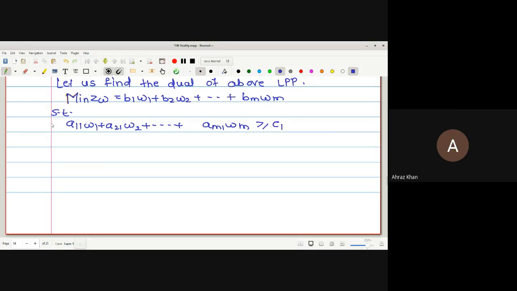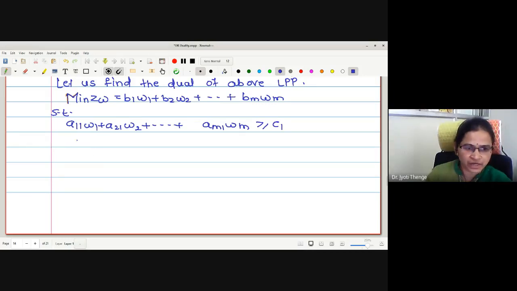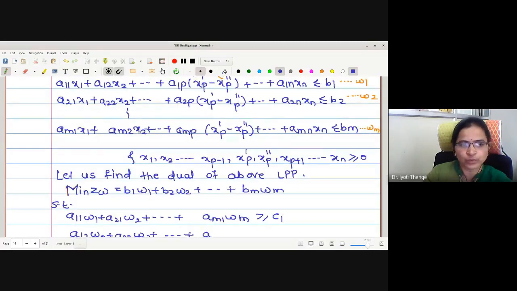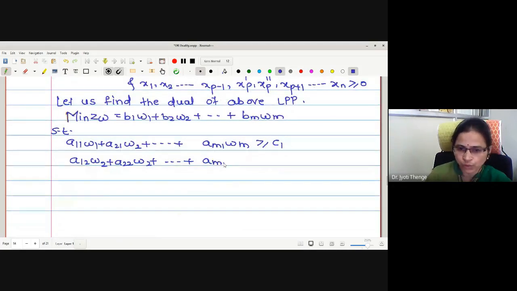Yes, good, first constraint written. Let me write the second also: a12 w1, a22 w2, and so on, am2 wm greater than or equal to c2.